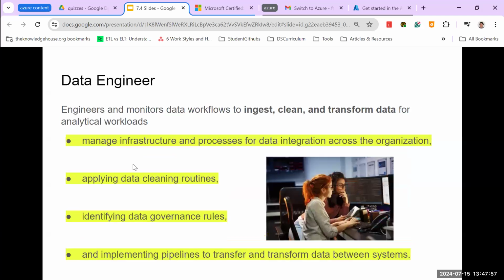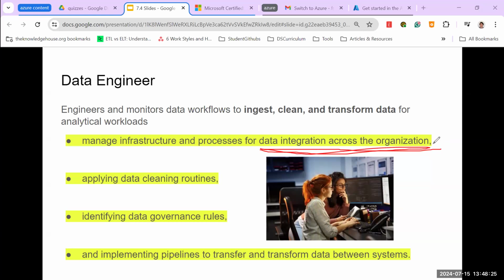All right, next up, everyone, we have the data engineer. Think of this as the person that designs the ETL pipelines and also manages the processes for data integration across the organization. And this is a very real problem that all organizations experience, especially if they don't currently have a database platform. Maybe one team keeps its data on Google Drive, another team keeps its data in a file cabinet.